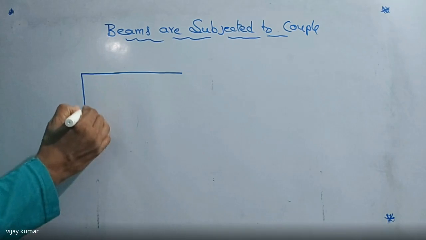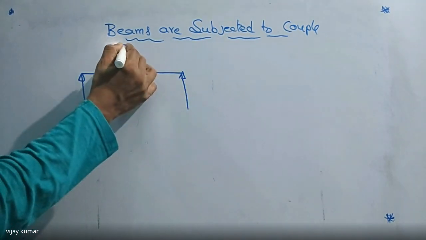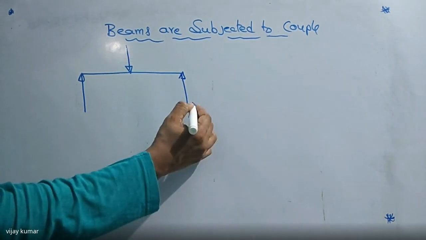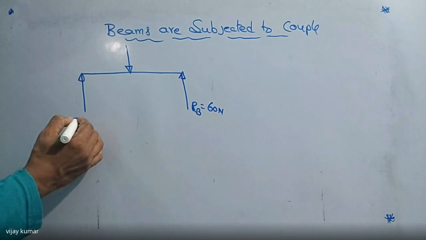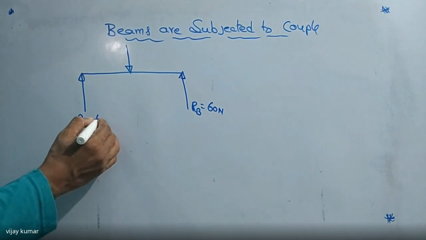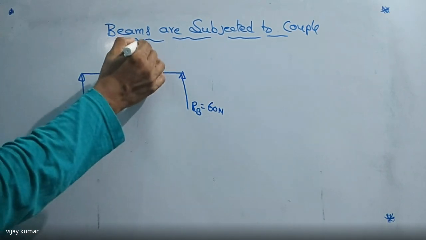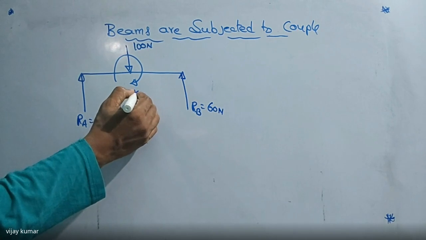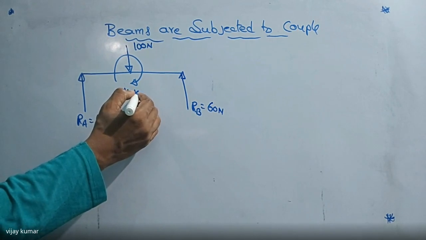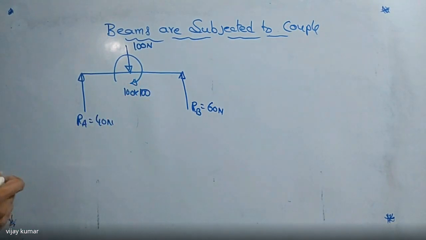This is the RB value, RB is equal to 16 newtons, and this is the RA value, RA is equal to 14 newtons, and this is 100 newtons, and this is 100 into 100.